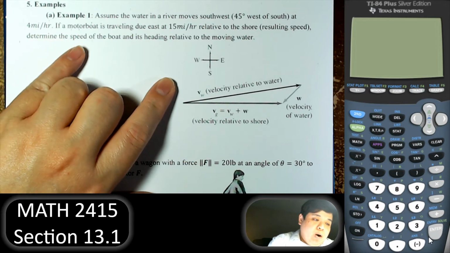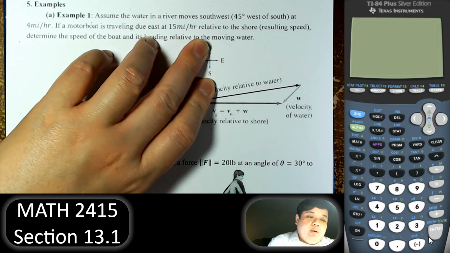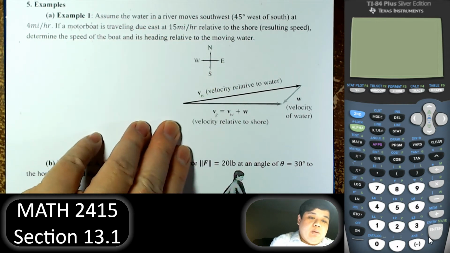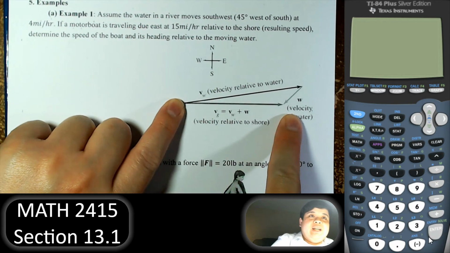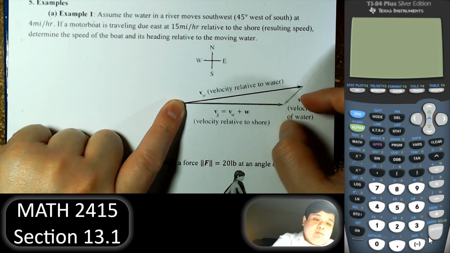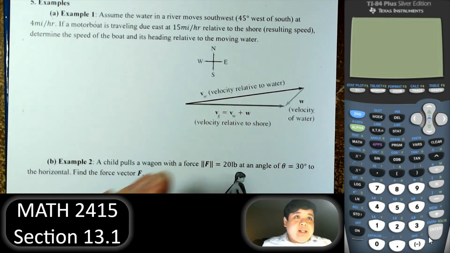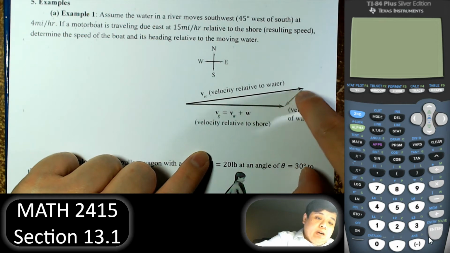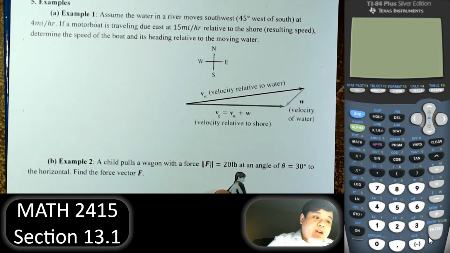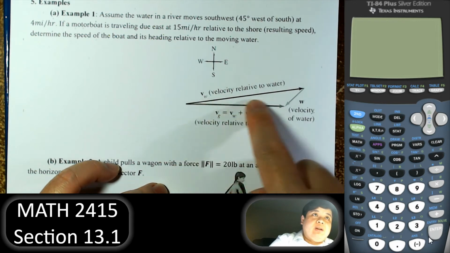If a motorboat is traveling due east at 15 miles per hour relative to shore, so the boat just goes straight east. However, even though it goes straight, because of the water flow in that direction, the actual boat relative to the water is going to be in this direction.